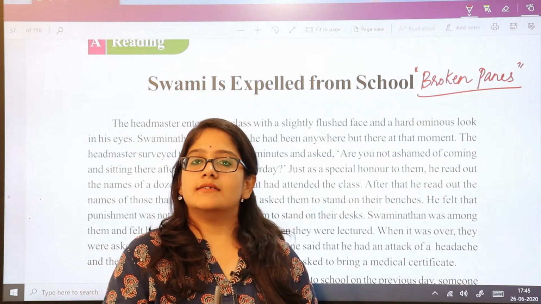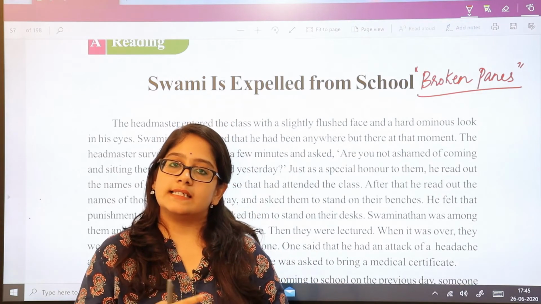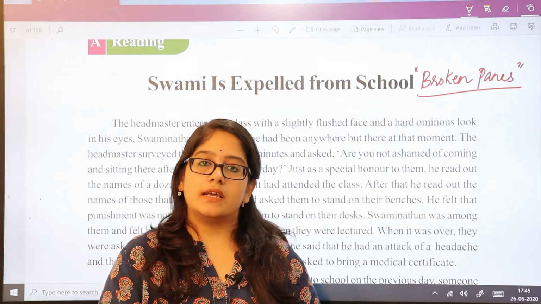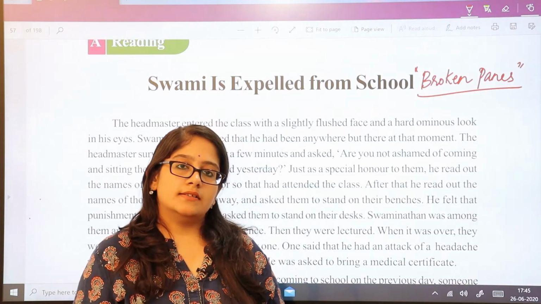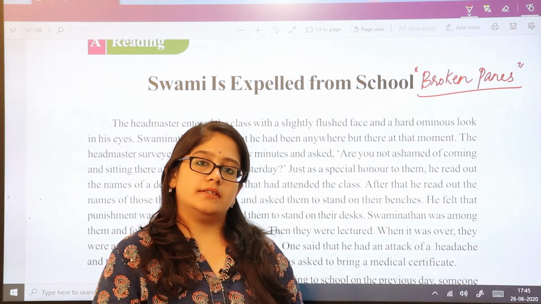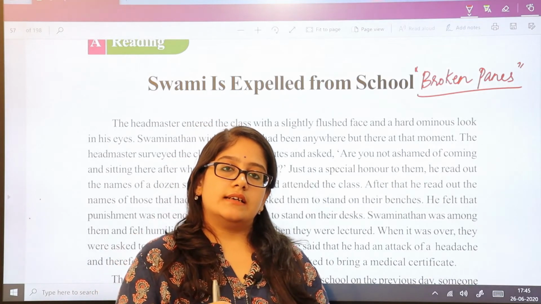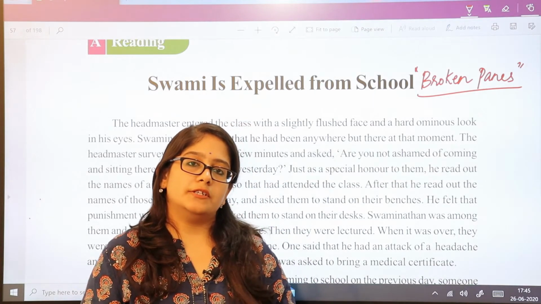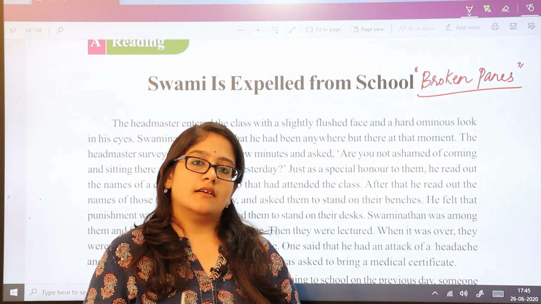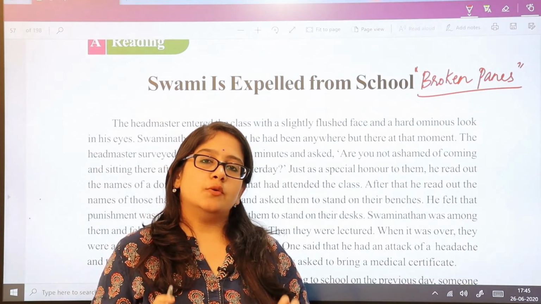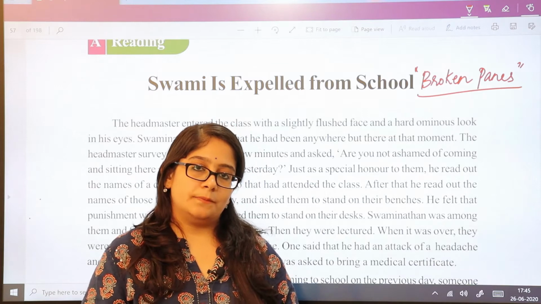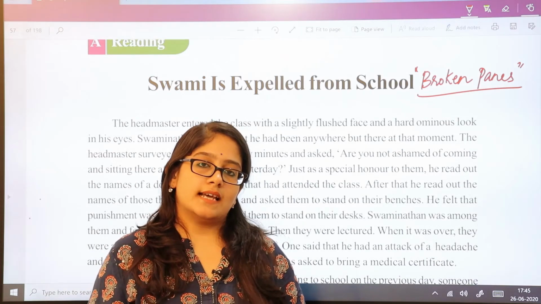He rebels against the wrong things, the injustice which was happening to him at school, and he becomes independent at last. While he condemns the headmaster for punishing him, he says words like, "I don't care for your dirty school." Swaminathan says these lines.